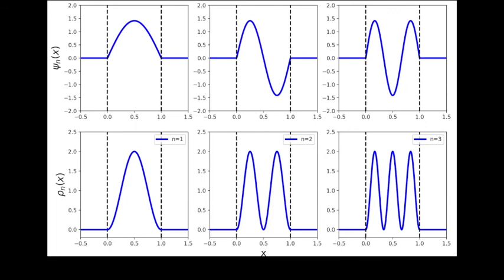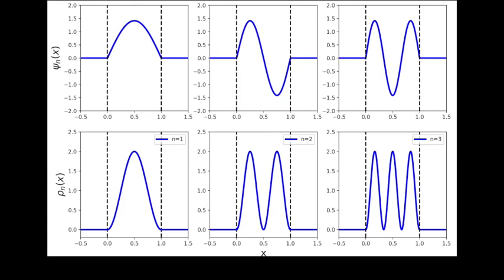So let's look at the psi n for n equals 1. You see, I have taken L equals 1 only in this particular case. L is the width of the infinite potential well, and the boundaries of the potential well are given by these vertical dashed lines.